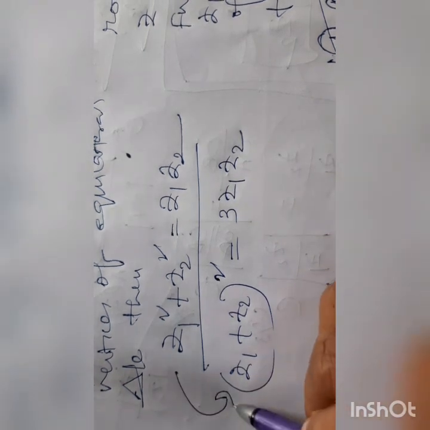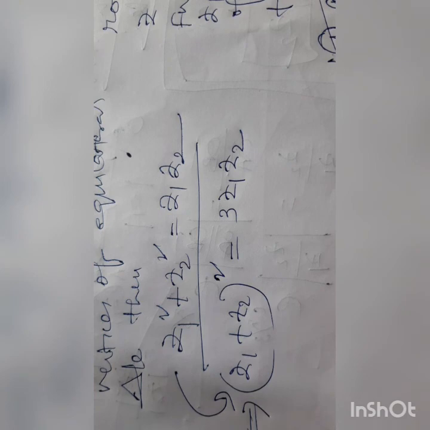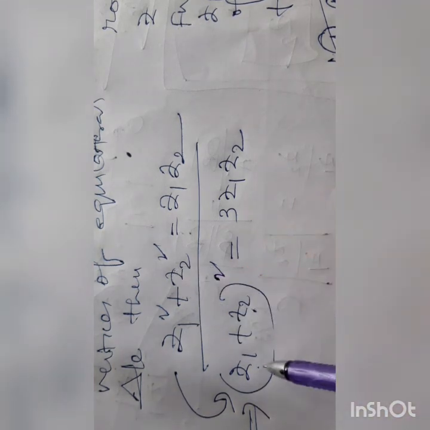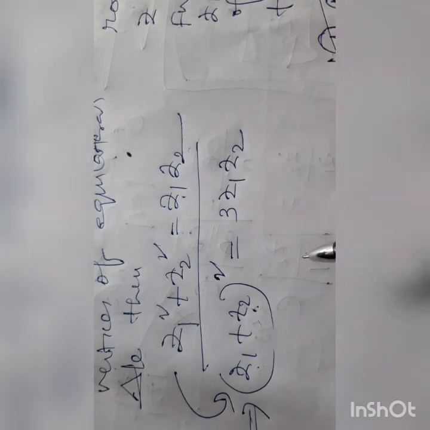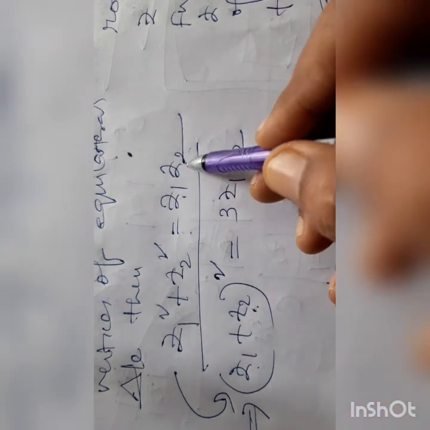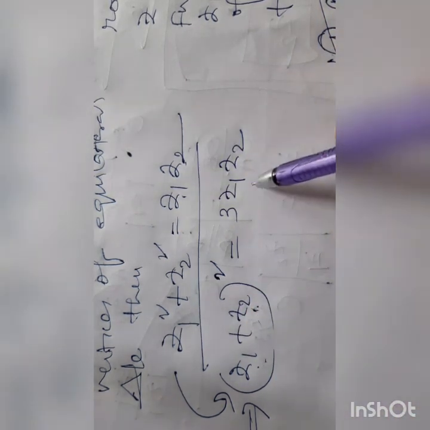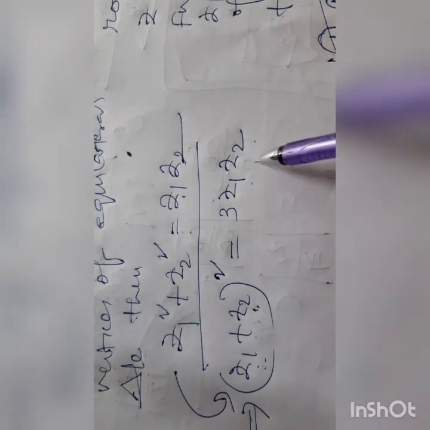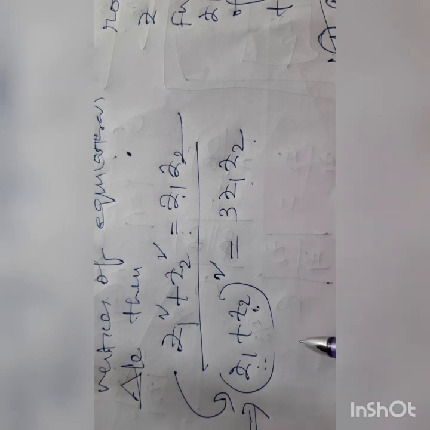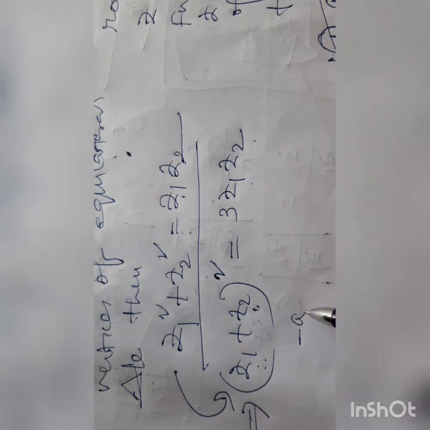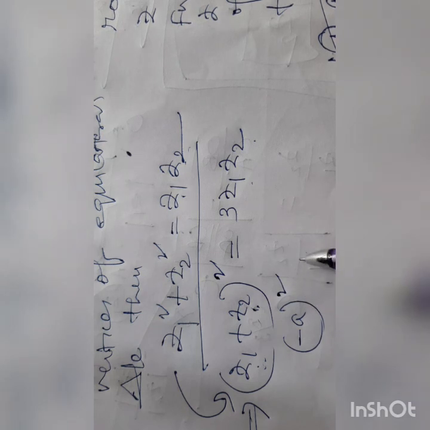Can we write like this? Z1 square plus Z2 square plus 2 Z1 Z2. If you send that side, Z1 Z2. We have written this in the form of sum and product. Okay, what is this? Minus A whole square equals 3B.